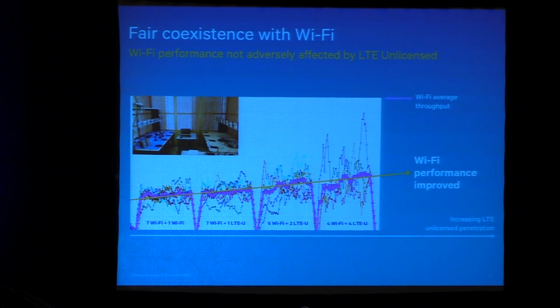The purple stuff is the average throughput of the Wi-Fi users. We start on the left with basically 8 Wi-Fi users, and then as we go to the right, we gradually replace one at a time with an LTE user, until at the end, you have one Wi-Fi user completely surrounded by LTE users. And you can see the trend.